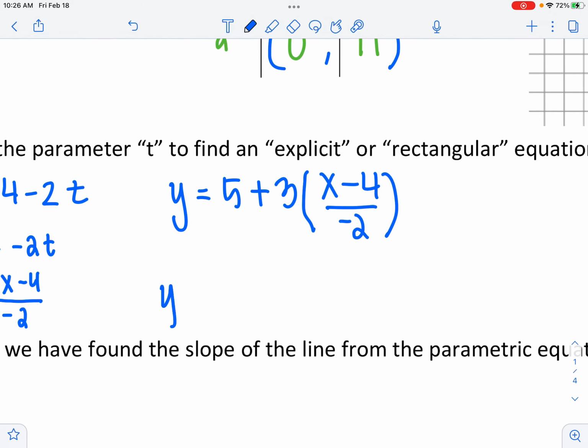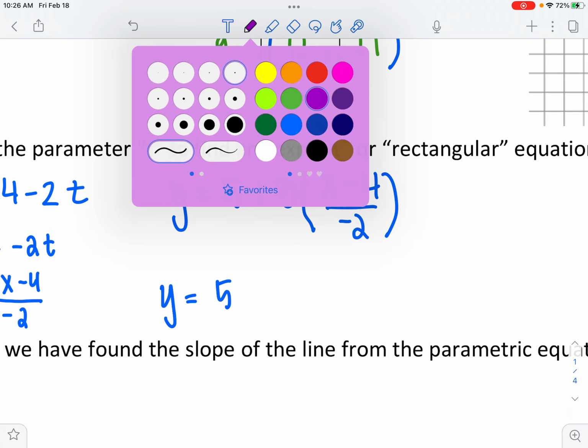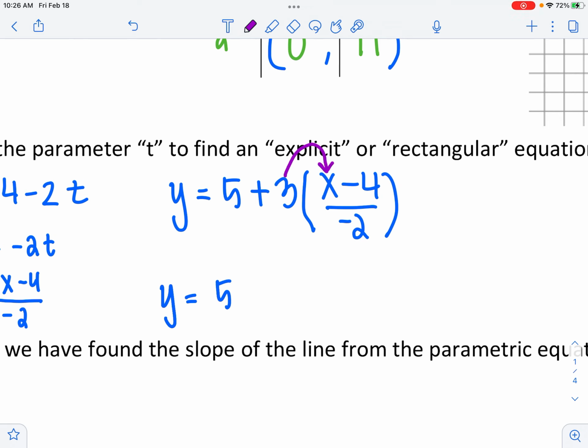So if you look at what you're doing, you're distributing your 3, and then you're going to divide by negative 2. So 3 times x is 3x, divided by negative 2 is negative 3 halves x. Multiply 3 by negative 4, that's negative 12. Divide by negative 2, that's positive 6.